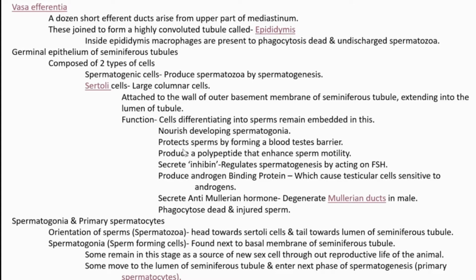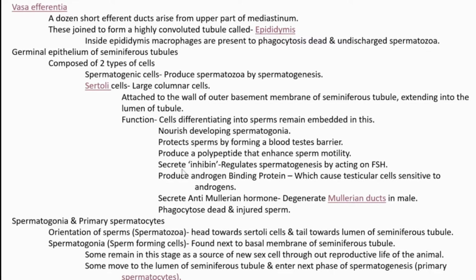They also protect the sperms by forming a barrier between the blood and the testis. And they produce a polypeptide that enhances the sperm's motility.